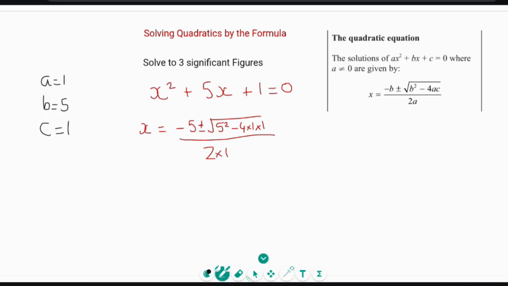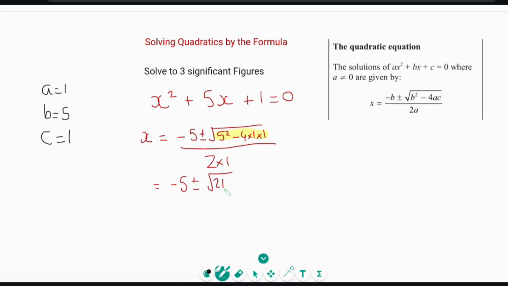Now I do this in stages. I work out the calculation under the square root first. So 5 squared minus 4 times 1 times 1 is 21. And then 2 times 1 is 2.